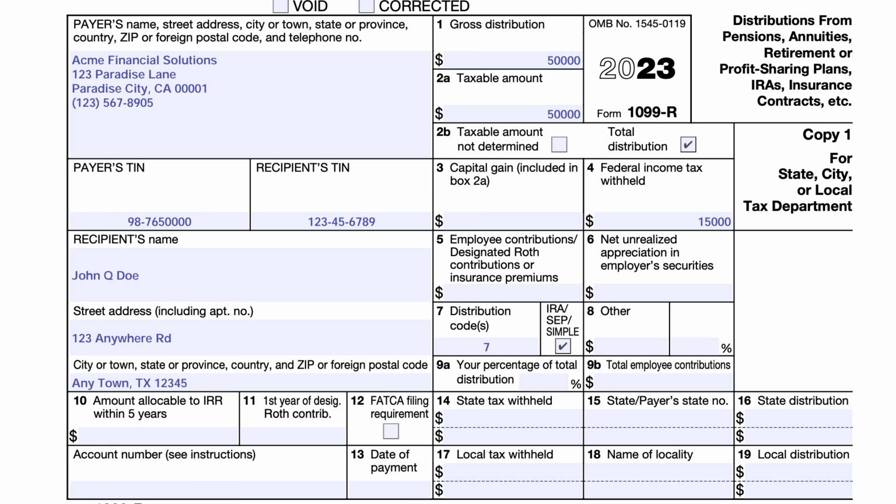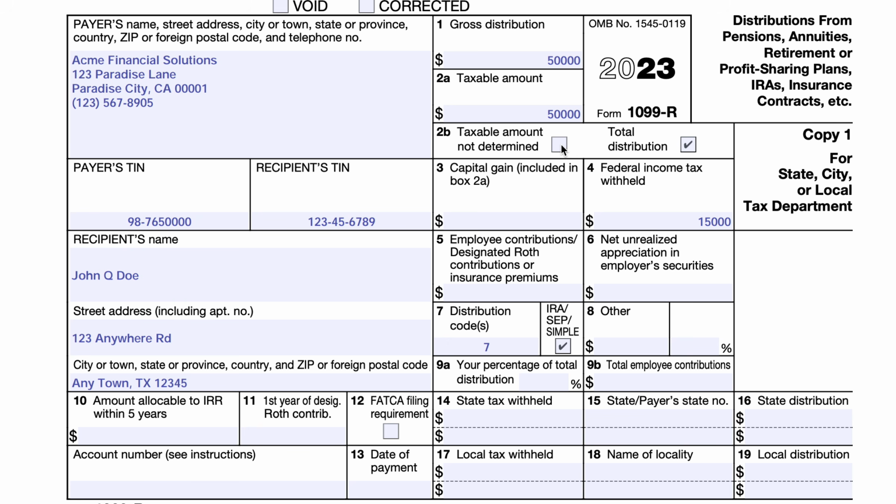The other thing that they can do is check box 2B if they are not able to determine the taxable amount. That would be something that they would leave blank if they don't have all the information. I don't know, if you did a 60-day rollover instead of a direct rollover, they wouldn't be able to tell whether or not you held that money outside of a retirement account for more than 60 days.